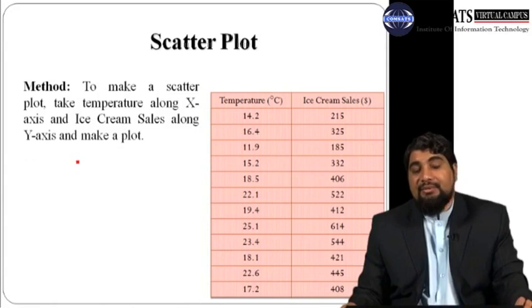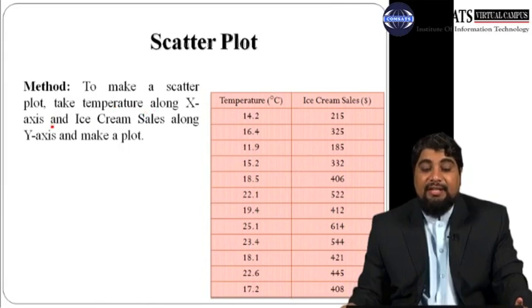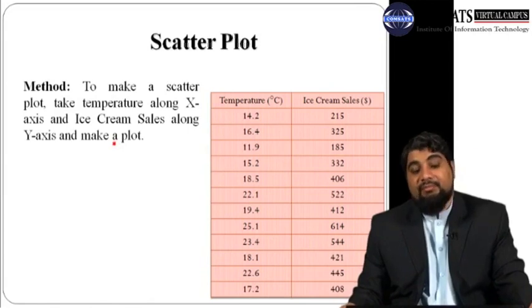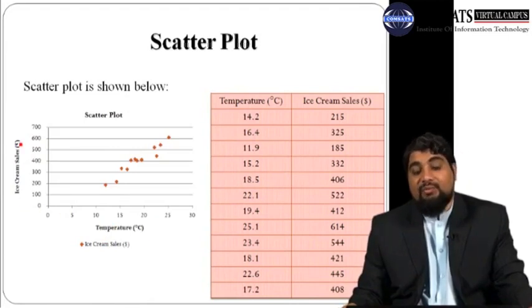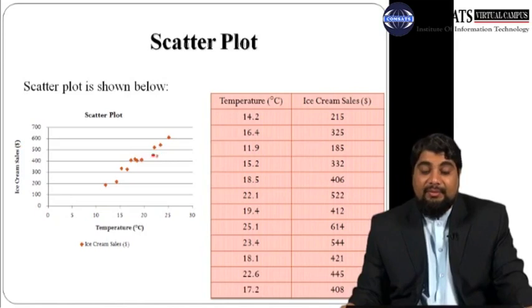Let us discuss how we can construct a scatter diagram. To make a scatter plot, take temperature along the x-axis and ice cream sales along the y-axis, and then draw each pair of points and make a plot. Here the temperature is taken along the x-axis, ice cream sales along the y-axis.